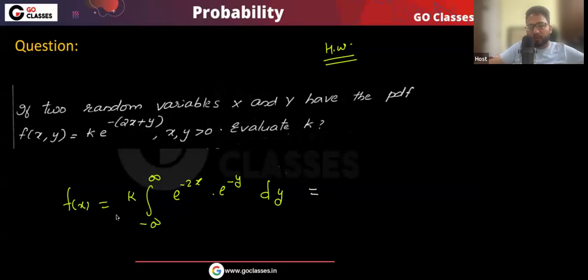So actually this is equal to k into e power minus 2x. Since x and y are greater than 0, ultimately it will be from 0 to infinity.